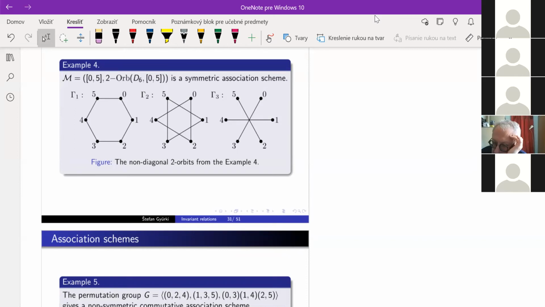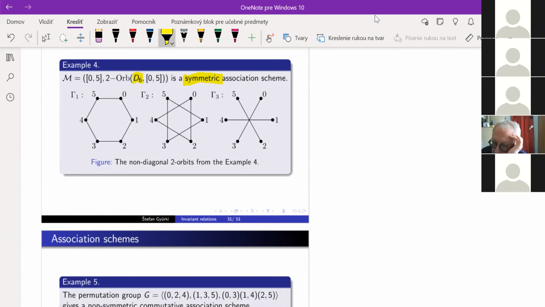So for example, if here we consider the dihedral group on 6 elements, that is dihedral group of order 12 and the degree 6, then its non-diagonal two orbits look like this. So from the pictures we can see that this association scheme is symmetric because all of the basic graphs are undirected. So here we have an example of a symmetric association scheme.